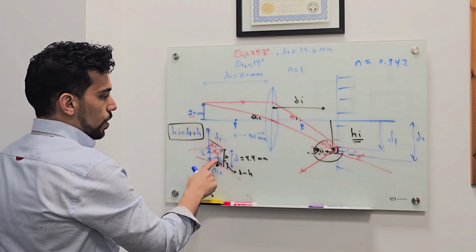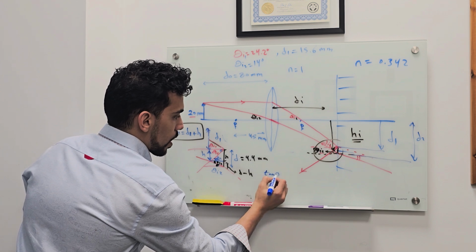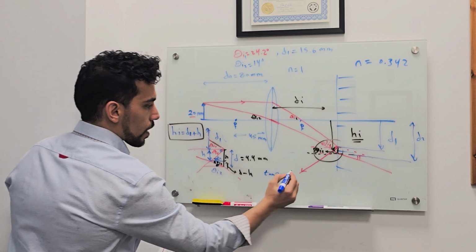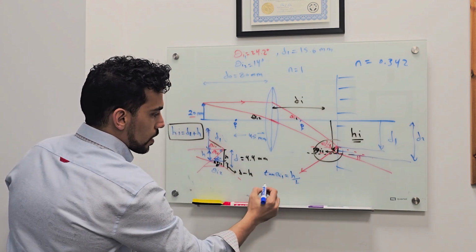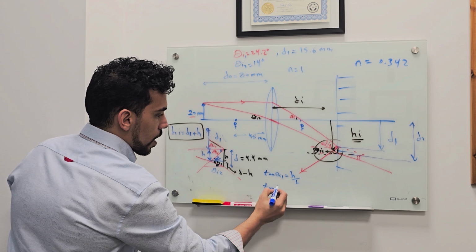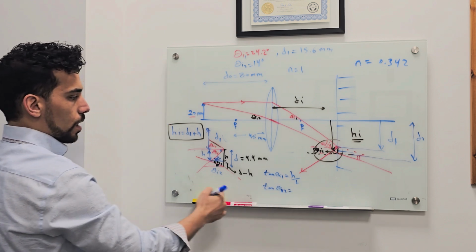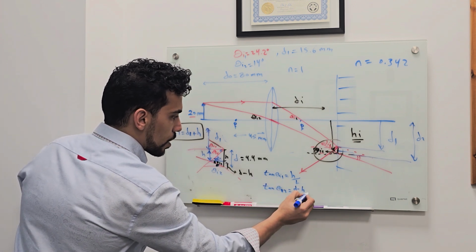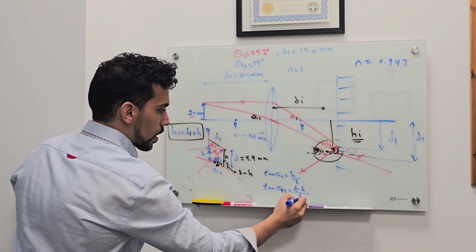So from here we can say that tan theta incident 1 is equal to H over L. And tan theta incident 2 is equal to, from here, D minus H over this line, which is L.